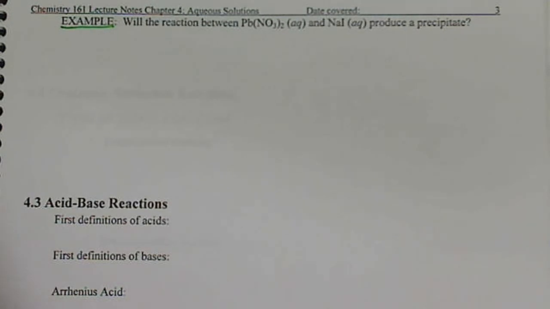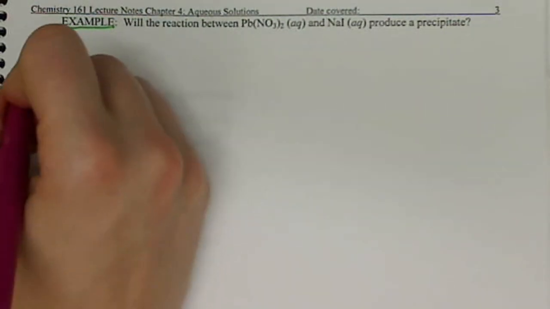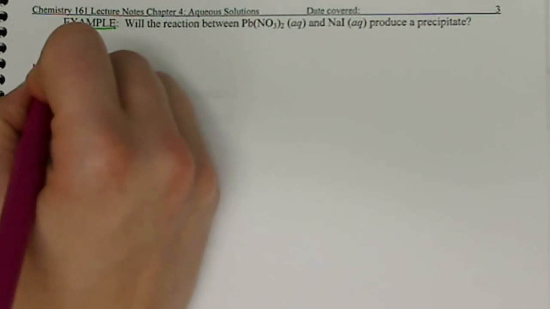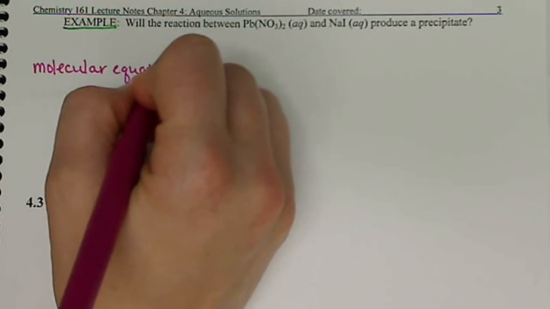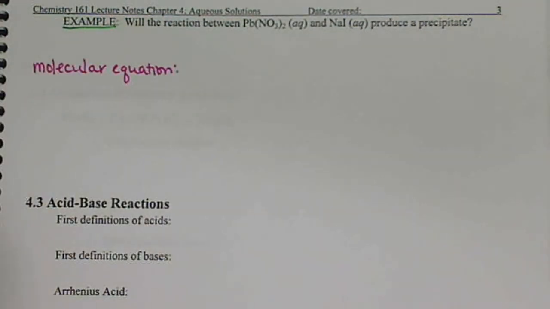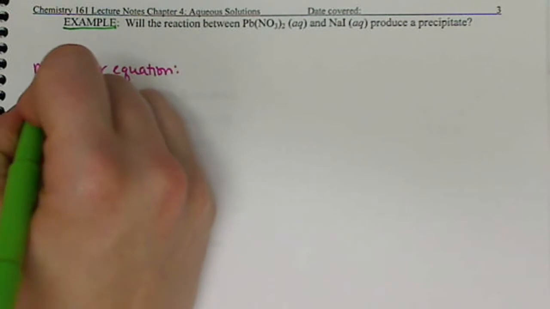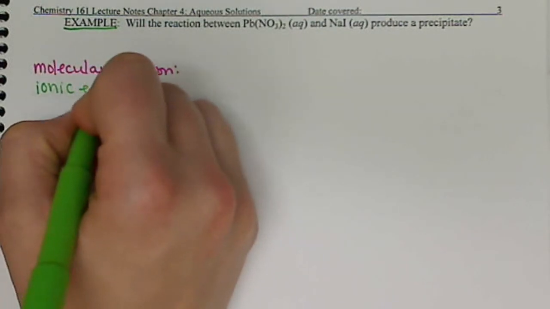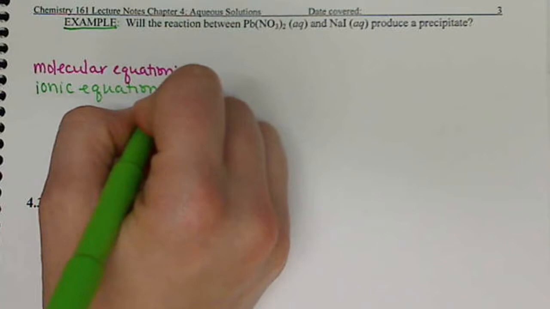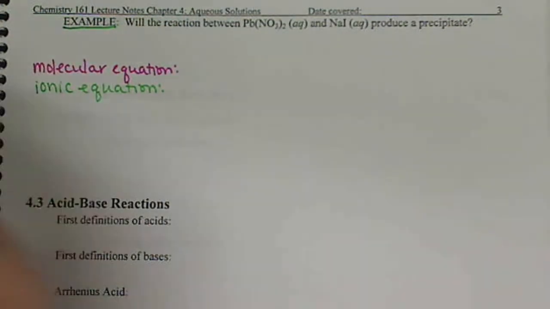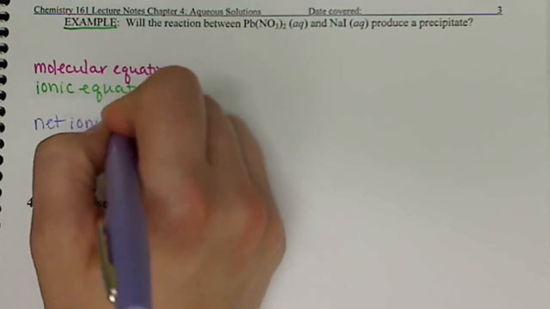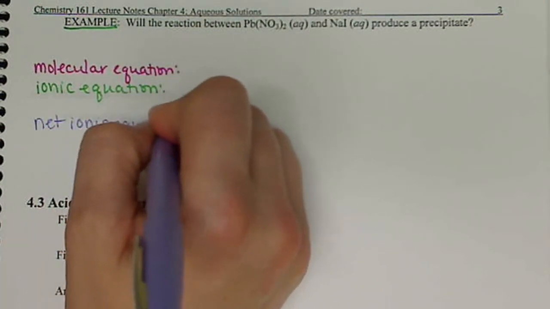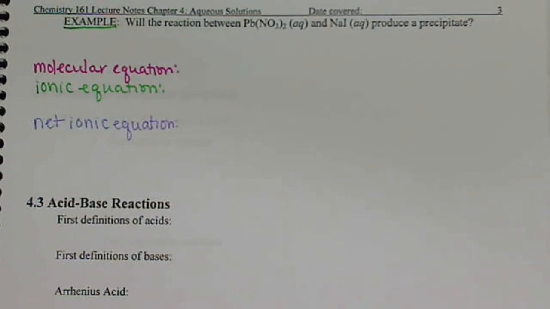Then also go ahead and write out the molecular equation, the ionic equation, and the net ionic equation. Go ahead and pause the video, give that a try, and then unpause for the answer.